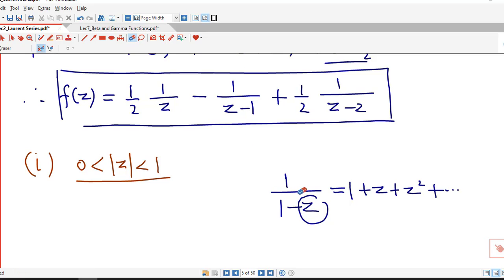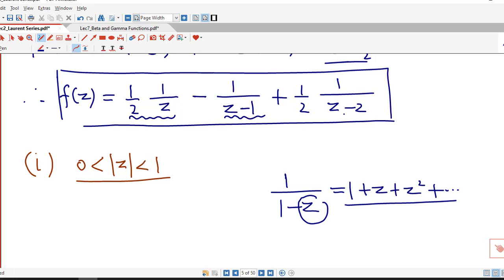Okay, fine. So here the first term is already in powers of z, so we keep it as it is. This we have to express in this form, so we will write it as minus of 1 over 1 minus z, and because absolute value of z is less than 1, we will use this one.